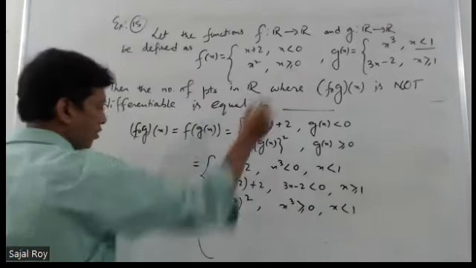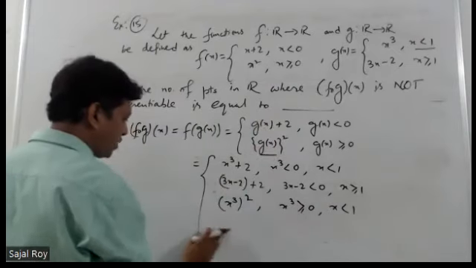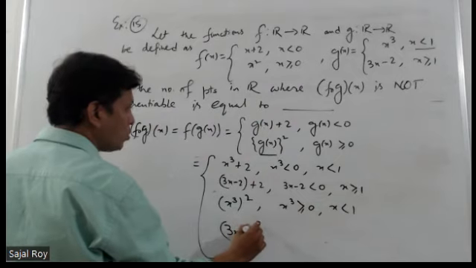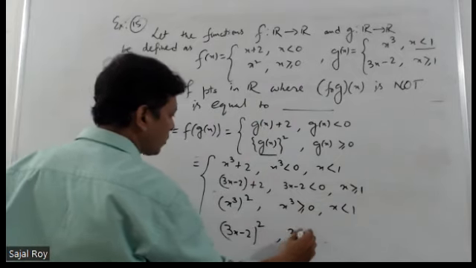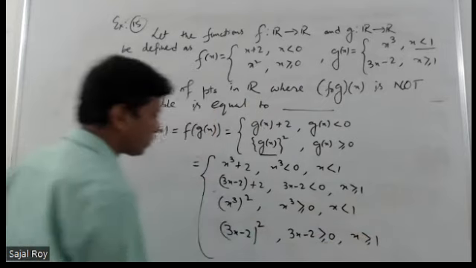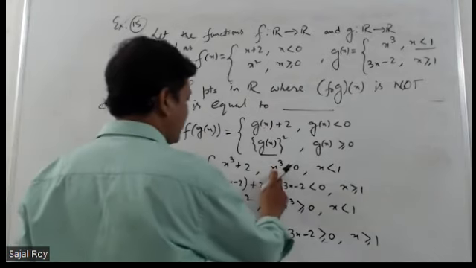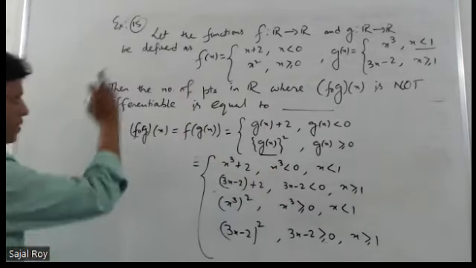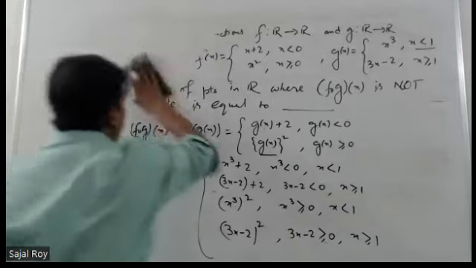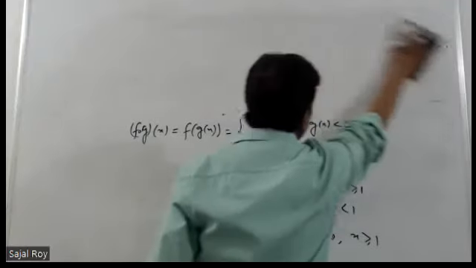And the last is 3x minus 2 whole square, 3x minus 2 greater or equal to 0 and x greater or equal to 1. Let me summarize this one and write it in a more simplified form now. This is the composition function already.